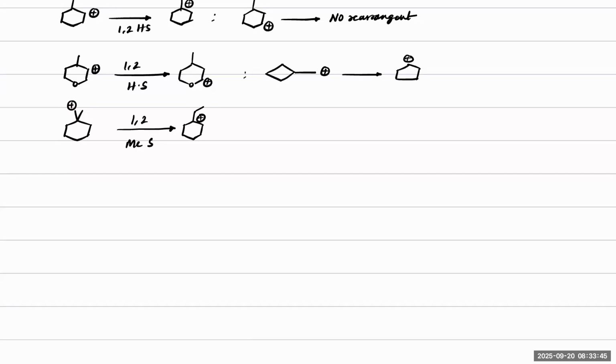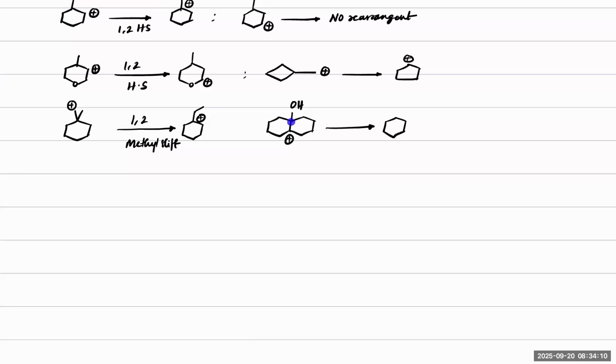If there is any chance of getting a more stable carbocation with octet completion, like when the positive charge is here, it has to somehow go to this position.